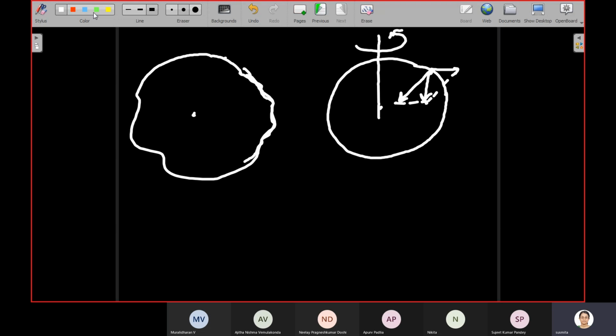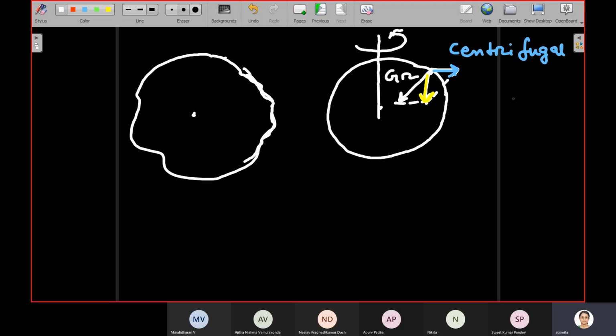This is the resulting force, the middle one.